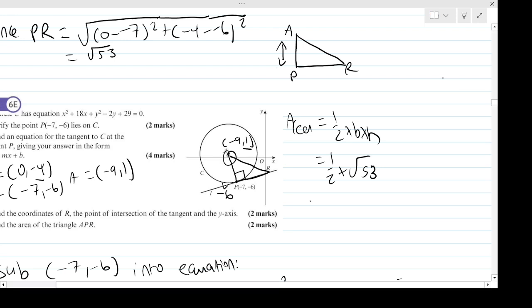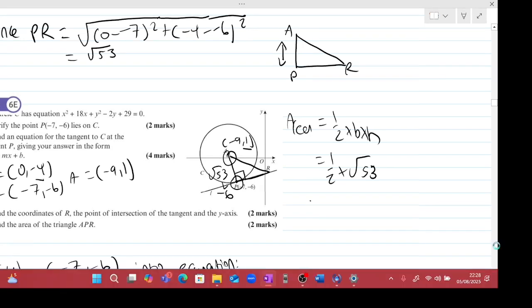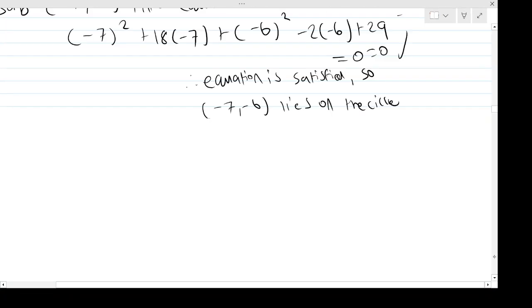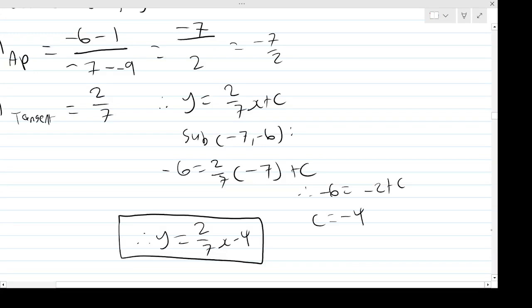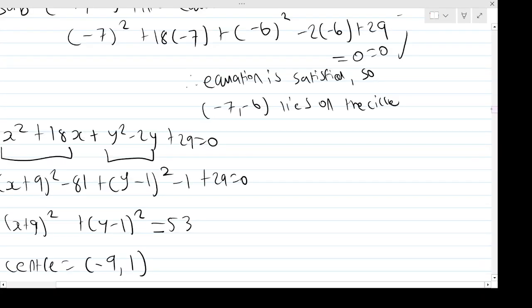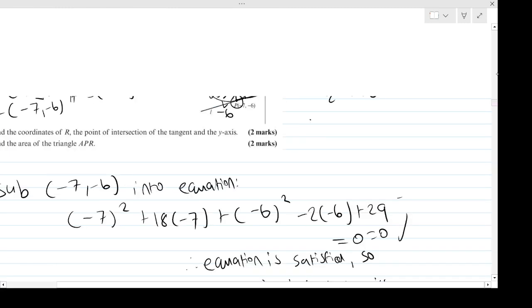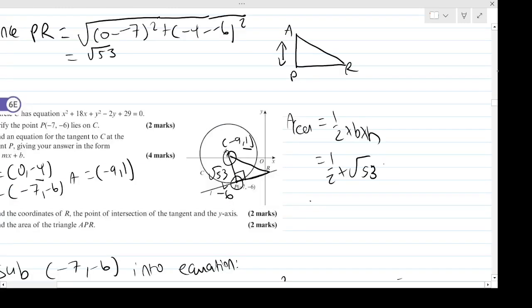It's from the centre A to the outside of the circle P, and we know the radius squared is 53 because we worked out the equation of the circle here. That means the radius alone would be root 53. Okay, cool. Therefore, the height is root 53, so we get that. Therefore, it's 53 over 2 units squared for the area.